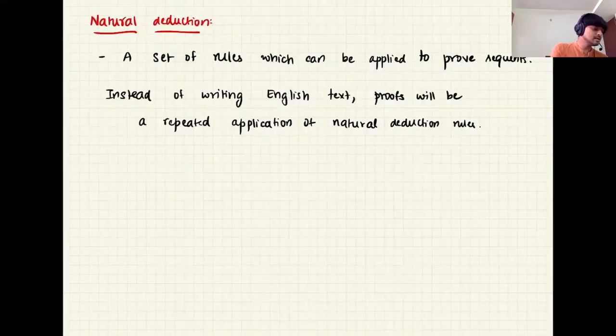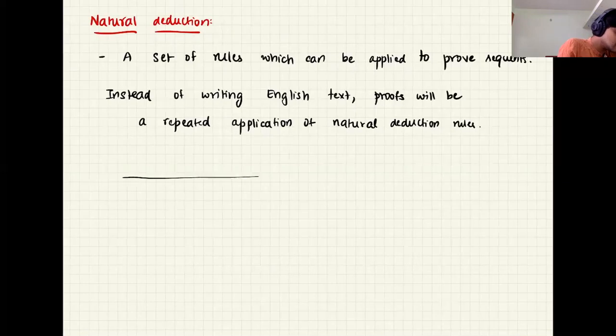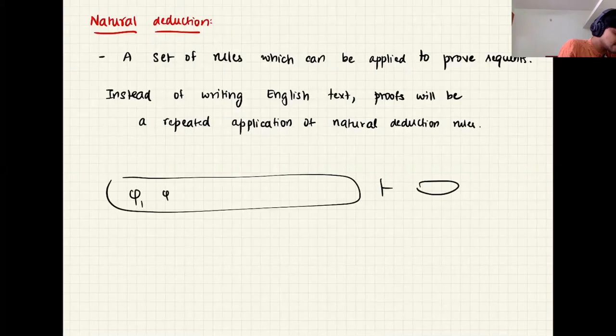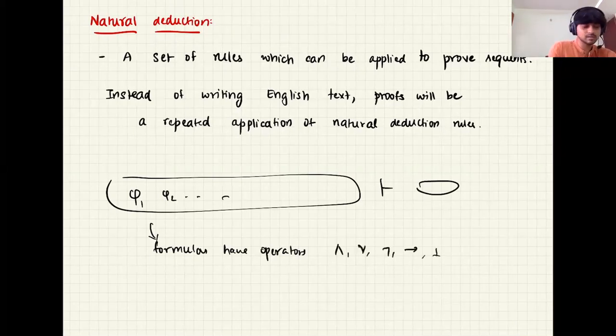Clearly, if I have a sequent, there are logical formulas, phi 1, phi 2, and so on. The formulas have operators: and, or, not, implies. There could also be a bot, although we have not seen any example yet.